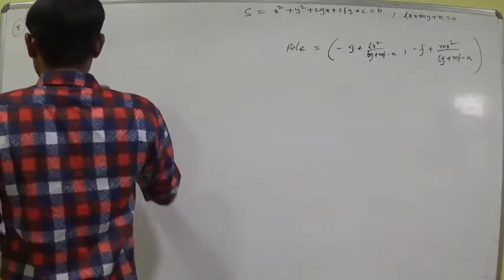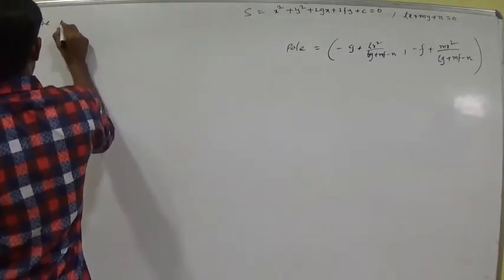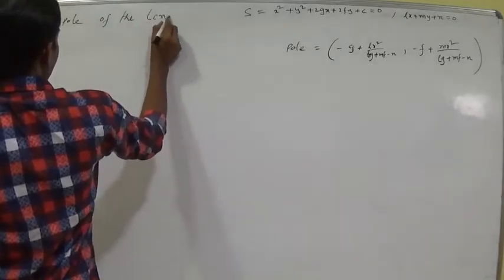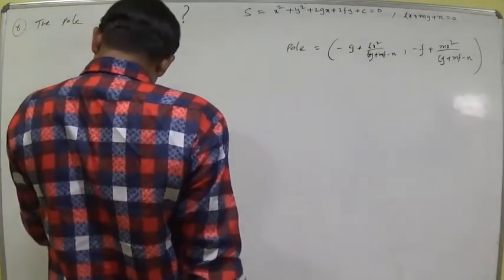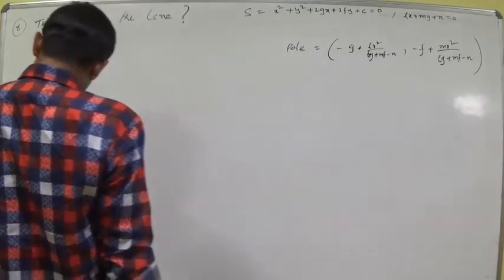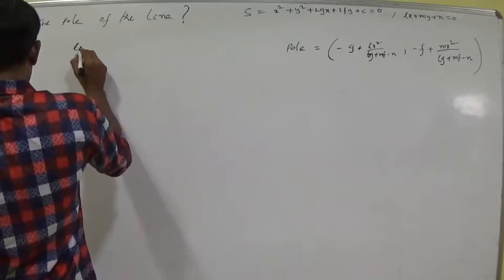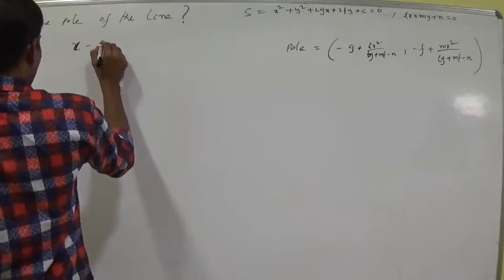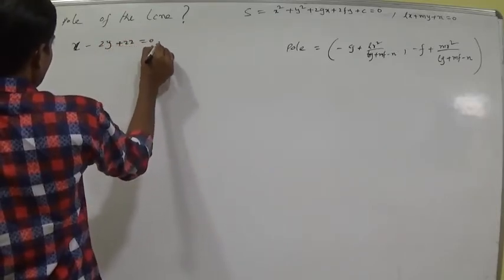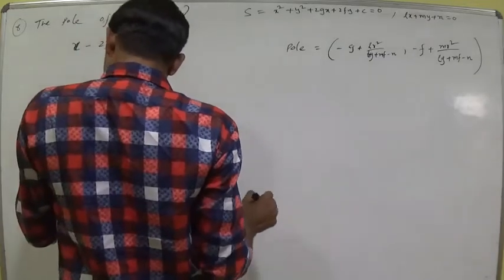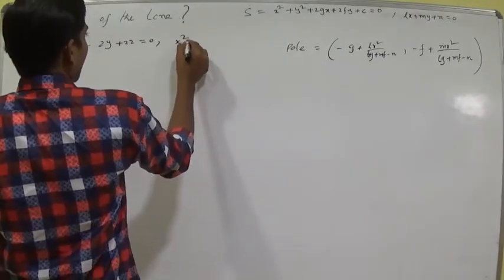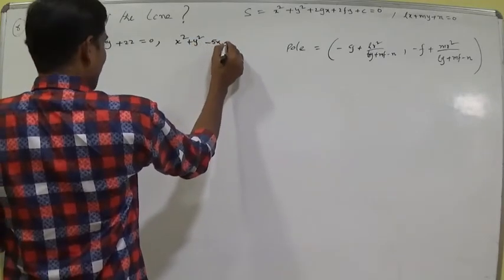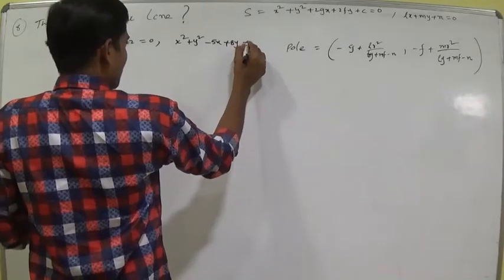Now the eighth problem: find the pole of the line. The given line Lx plus my plus n equal to 0 is x minus 2y plus 22 equal to 0, and the given circle is x square plus y square minus x plus 8y plus 6 equal to 0.